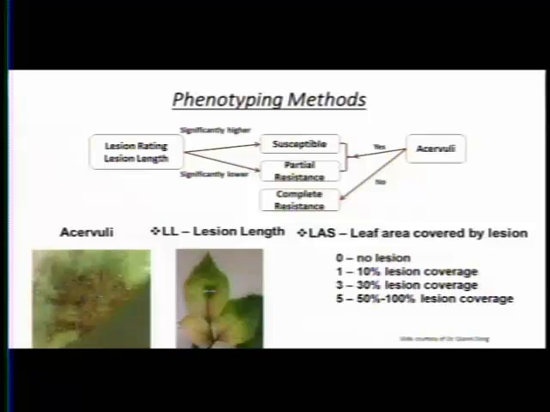And further, based on the lesion reading and the lesion length measurement, whether it's significantly higher or significantly lower, we categorized our materials into susceptible or partial resistance.